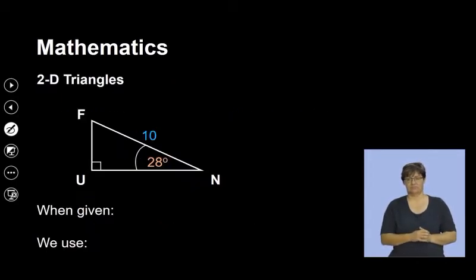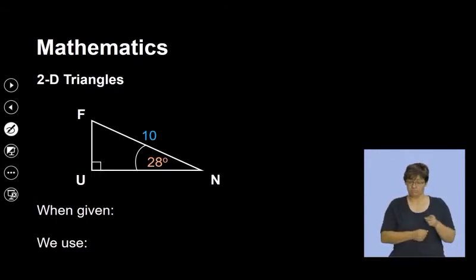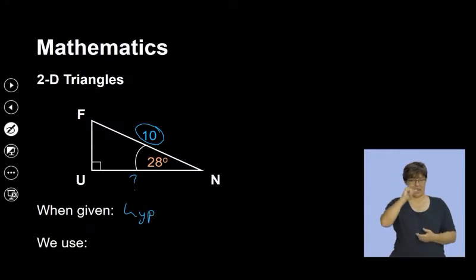Now, we looked at the 2D triangles, and with 2D triangles, I said to you, when you are given something, there is something that you need to use, right? This is where I talk about that, this and that I was trying to mention when I was introducing this. So here, I am given the hypotenuse side. If I want to find, let's say, the side UN, I am given the hypotenuse, which I will write HYP.